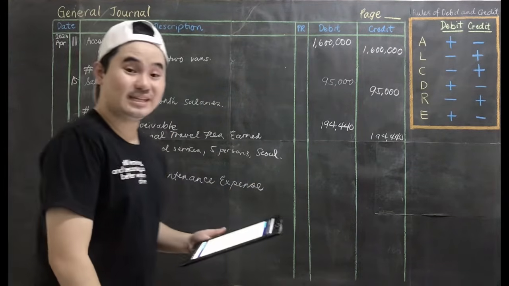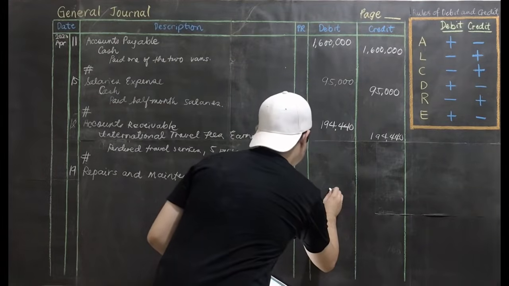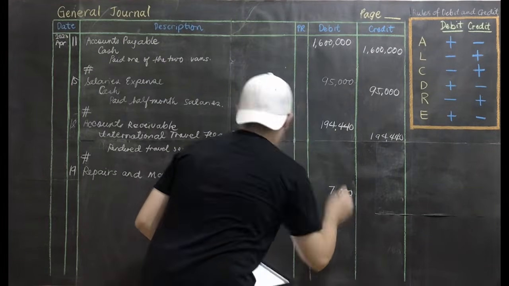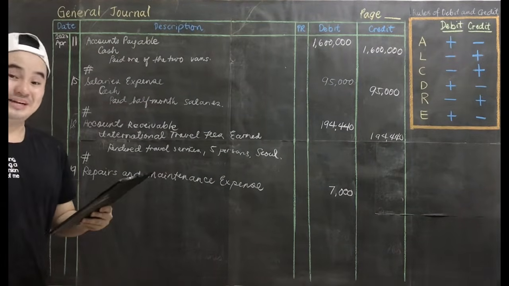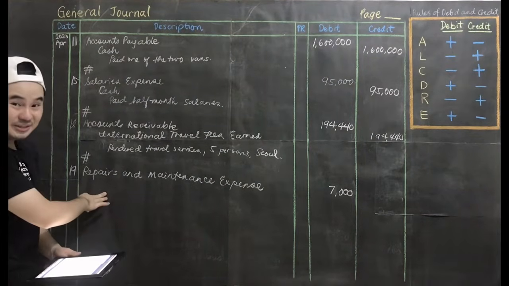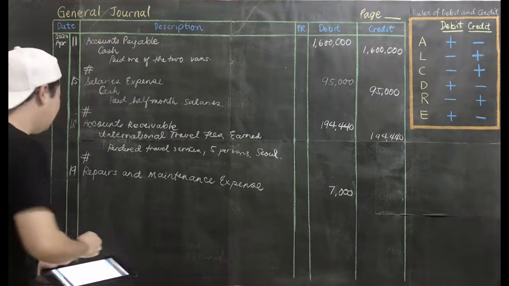Magkano yung ginastos natin? 7,000. Okay, anong pinabayad natin? Cash. Lalagay ito sa credit. You got it right.